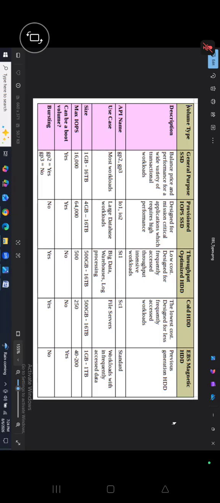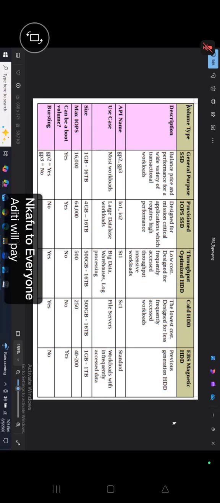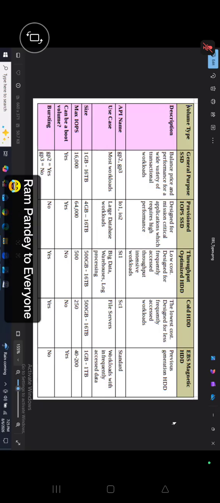It's a small amount of fees only. So it's worthwhile for you, 100%. Aditi, she's going to pay, okay? That is your problem, okay? Don't involve me, right?